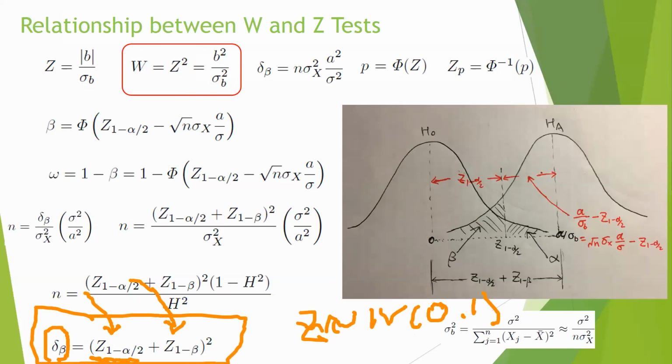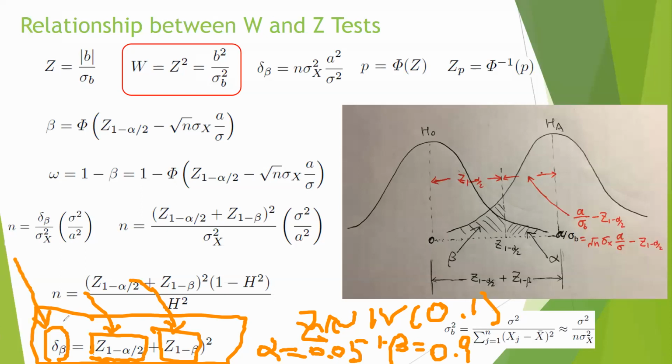And we can easily calculate this critical value and this critical value, right? So if we want to define an experiment with alpha equals 0.05, and we want to achieve 1 minus beta, which is the power, equals 0.9, what is the non-centrality parameter for this chi-square distribution?